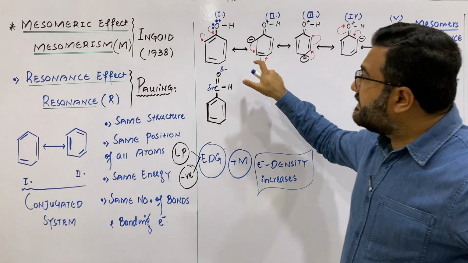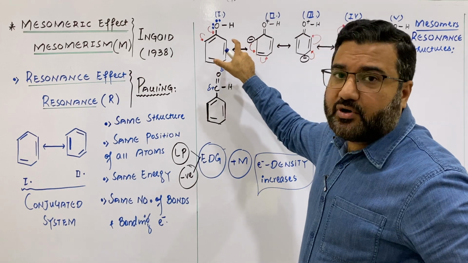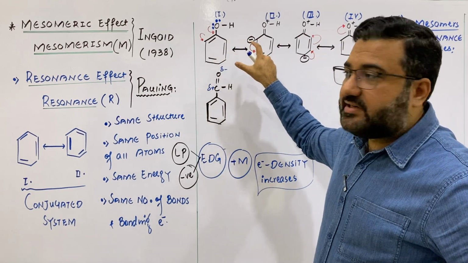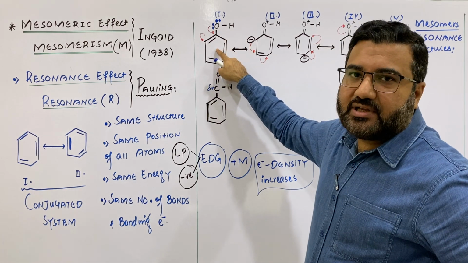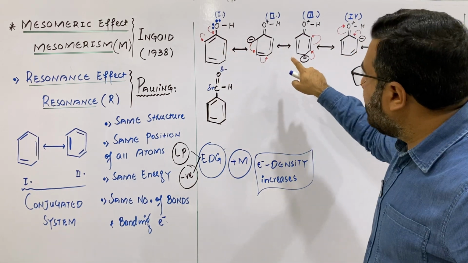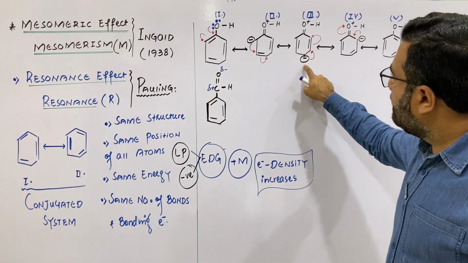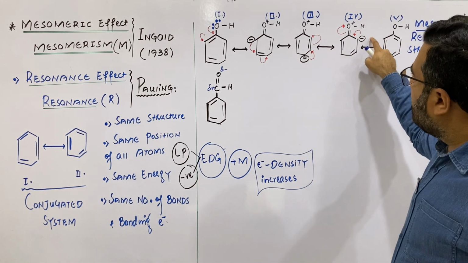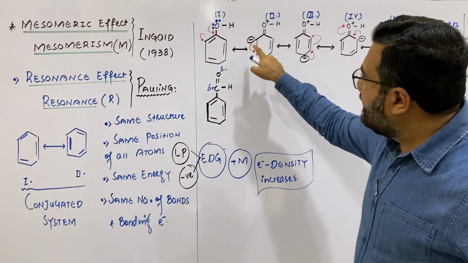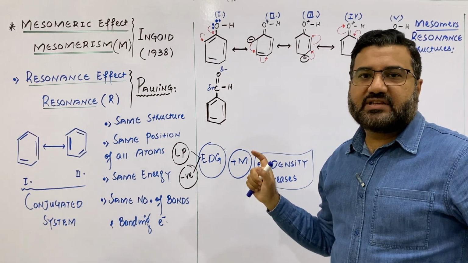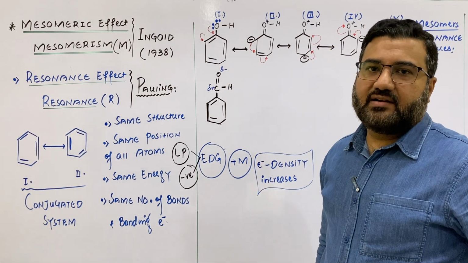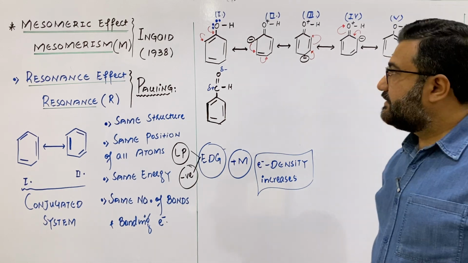Now, my dear students, if we are specifically talking about benzene as the conjugated system, when the electron donating groups donate electrons to the benzene ring, only the ortho and para positions will become electron rich or negative. You can say the negative charge is either on the ortho positions or on the para positions, the meta position never gets the negative charge.